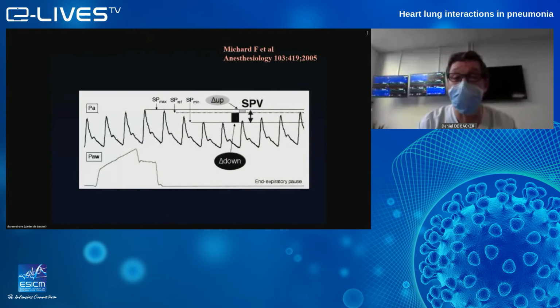But this can also be, of course, evaluated by several indirect means, including here the pulse pressure variations as described again by the Bicêtre group a few years ago.